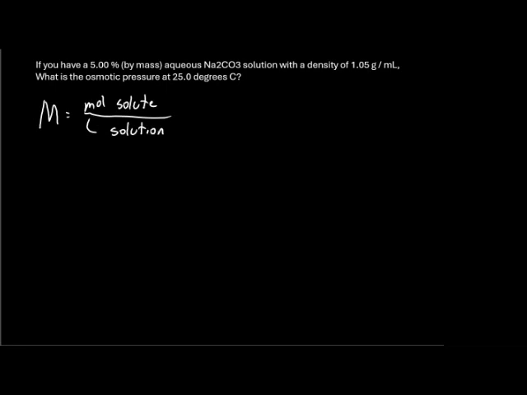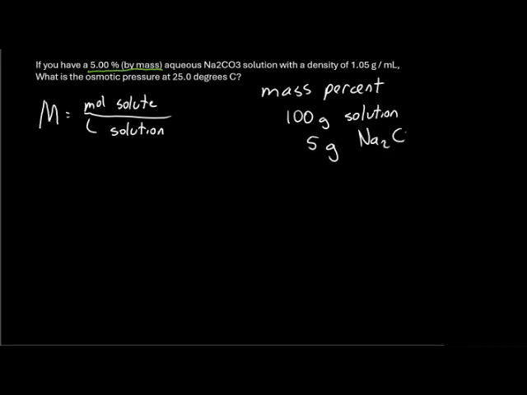In line 1, we are given that we have a 5% by mass aqueous Na2CO3 solution. So we're dealing with mass percent here, which means we can start with a basis of 100 grams of solution. Of those 100 grams of solution, 5 of those grams will be Na2CO3.